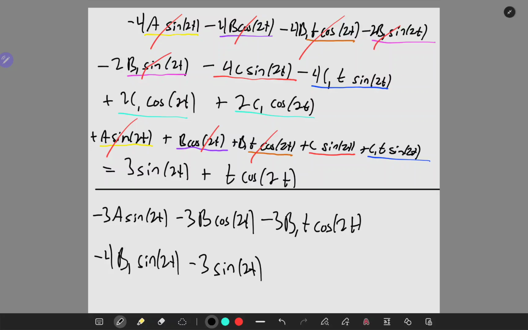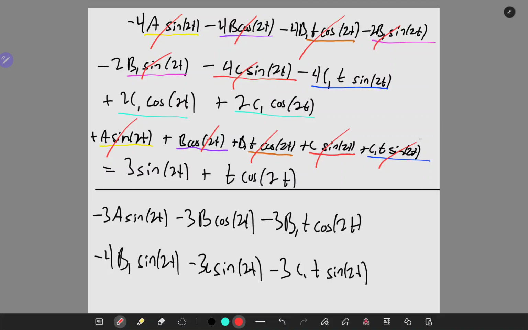I forgot the C though. -3c. Okay, so those are done. The blue ones, we have -4 plus 1 again. It's another -3. Is that a C? What is that? A T? Oh, that's a T. Okay, yeah. -3 C1 T sine of 2t.